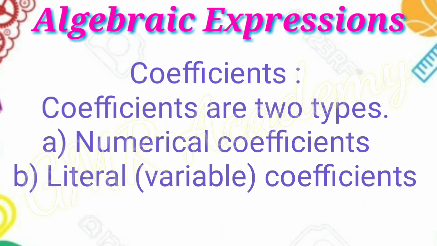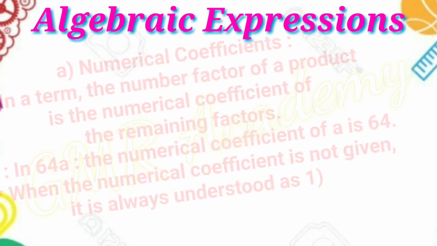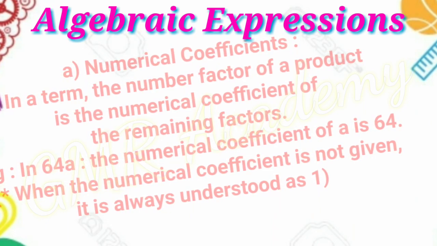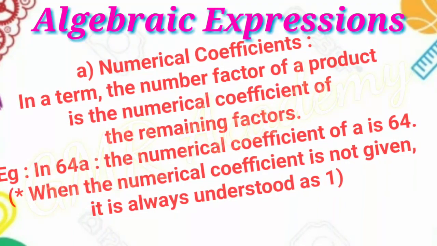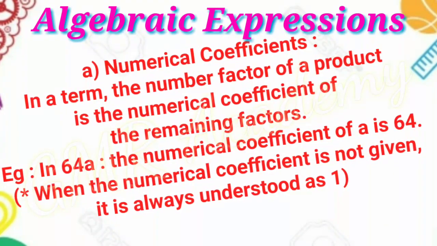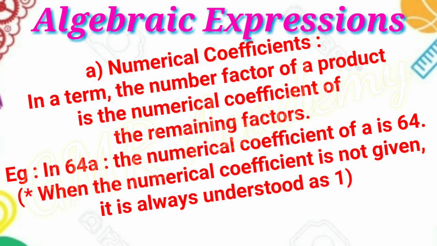Coefficients. Coefficients are of two types. One is numerical coefficients, another is literal or variable coefficients. Numerical coefficients. In a term, the number factor of a product is the numerical coefficient of the remaining factors. For example, in 64a, the numerical coefficient of a is 64.